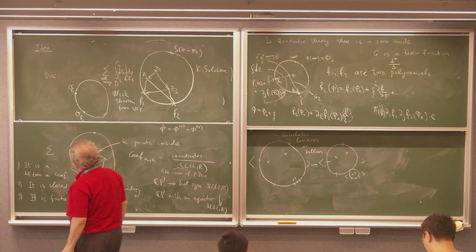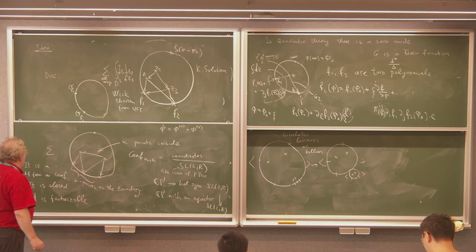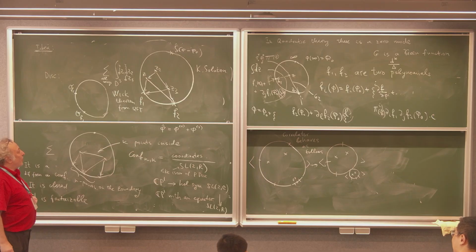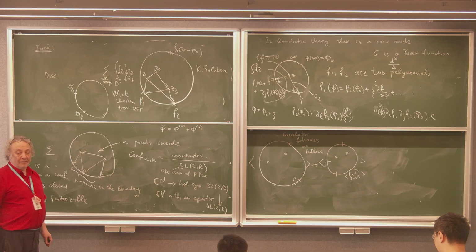So now I would like to combine closedness and factorizability together to get associativity.